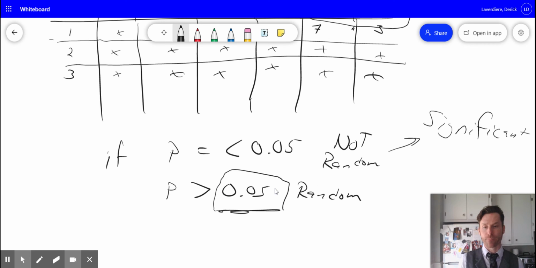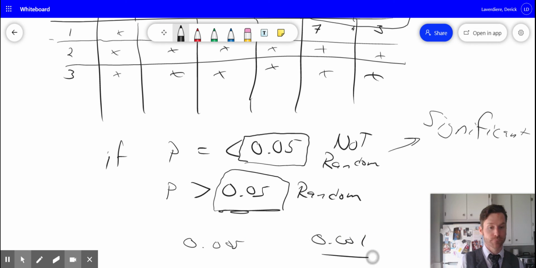Now, this is a typical number of significance for most science. Medical science typically requires somewhat stricter findings, so it can be 0.005. Some even require 0.001.